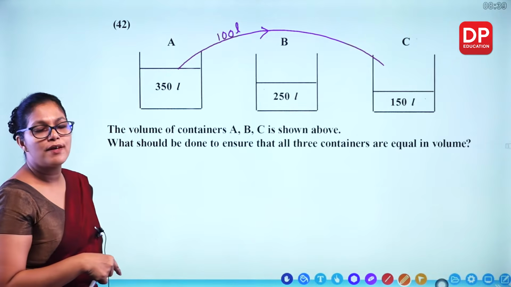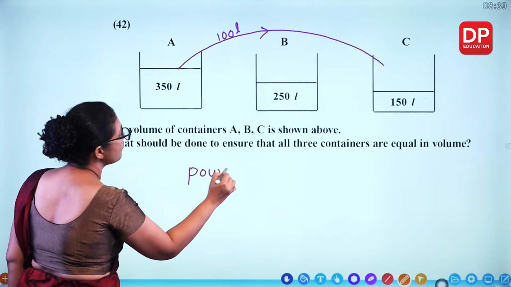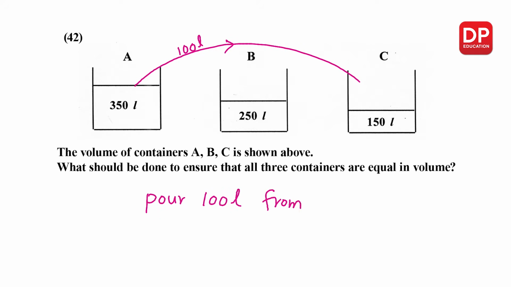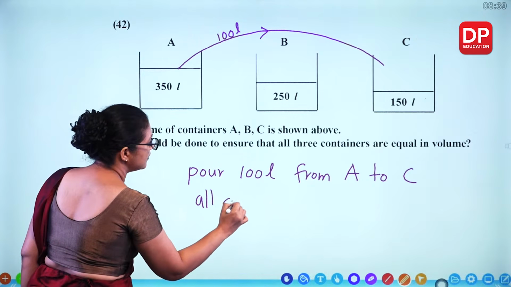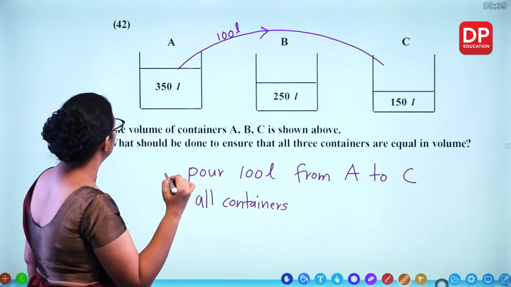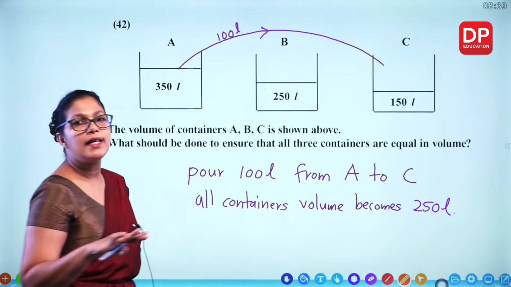C also 250 liters. So we can pour 100 liters from A to C. Then all containers' volume becomes 250 liters. All are equal.